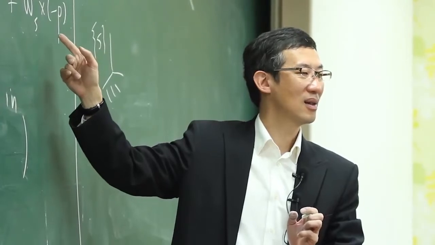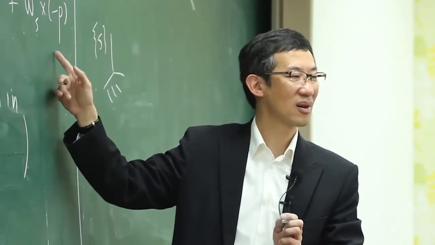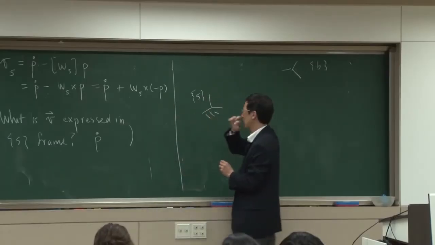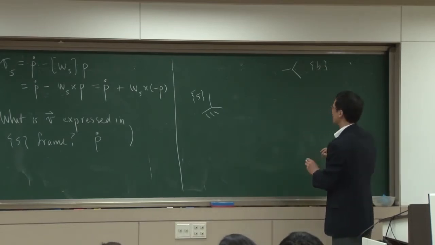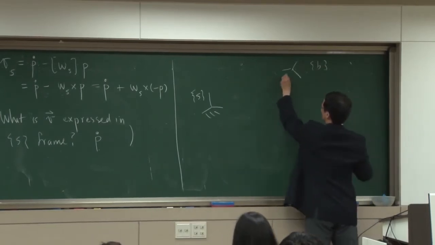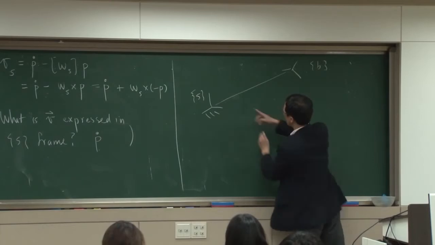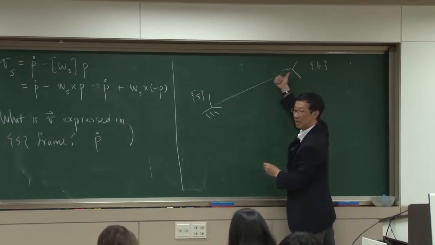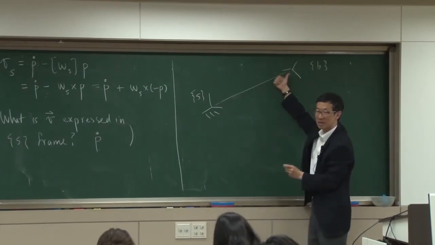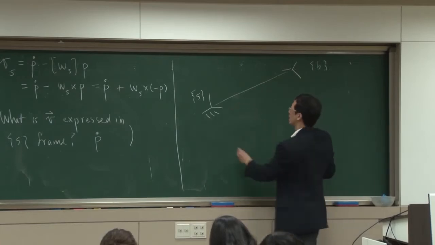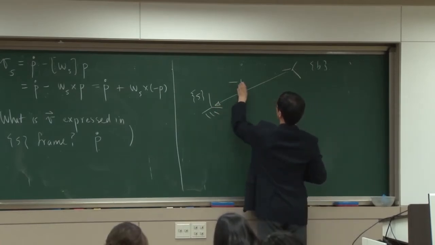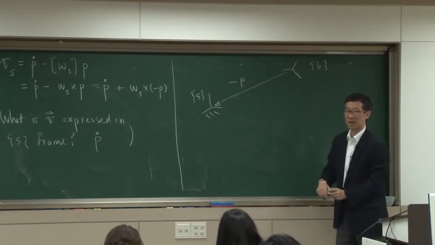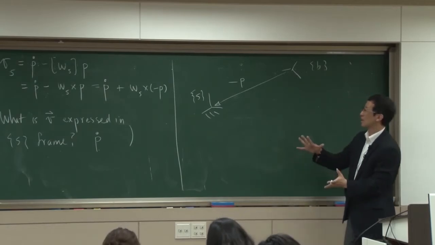You've seen things like this before. Let me draw this picture. This vector going this way is P, so minus P is the other way.